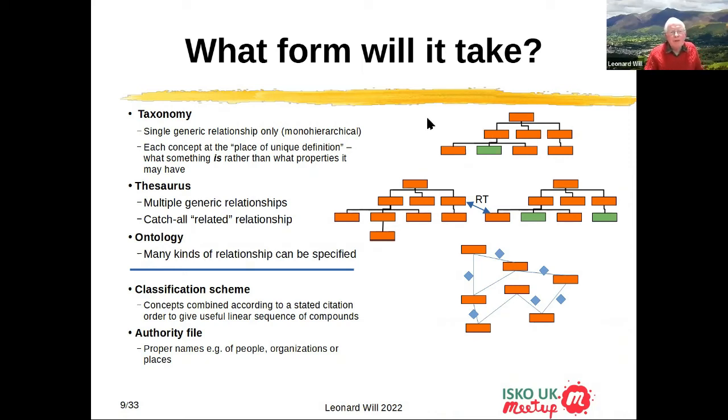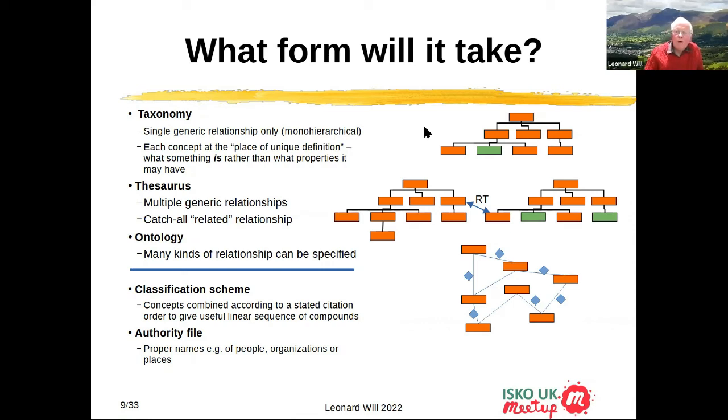So each concept is there at the place of unique definition. There's a single hierarchy, and it can be as deep or as shallow as you like, but that's the kind of taxonomy we have in biology, and I think it's best if we can keep the name to that.